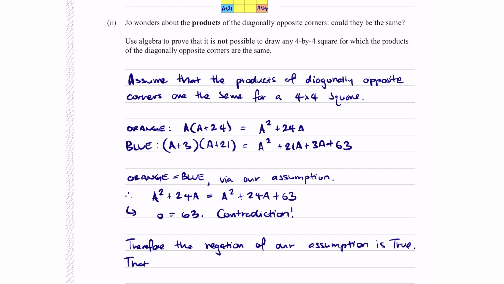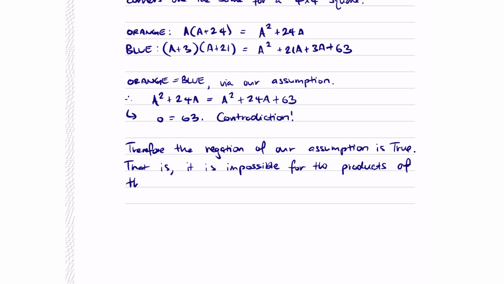That is to say, it is impossible for the products of the diagonally opposite corners to be equal.